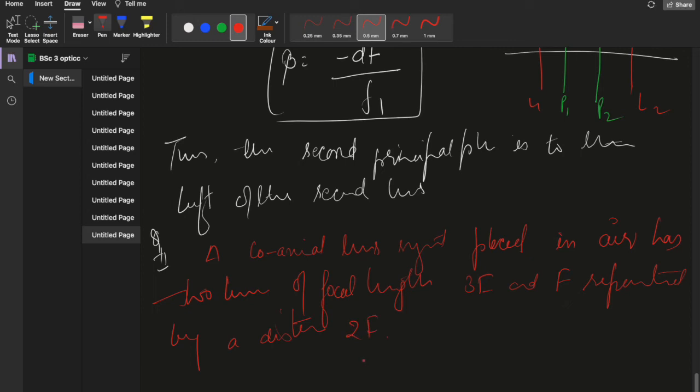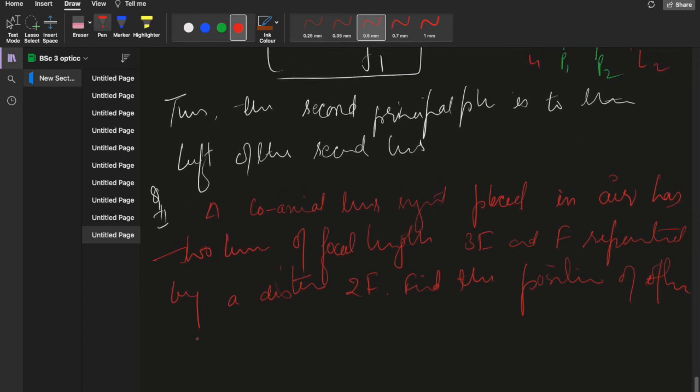Find the position of the cardinal points.